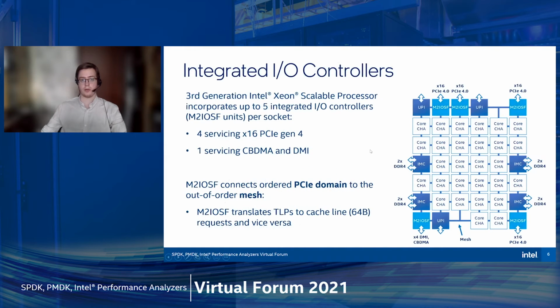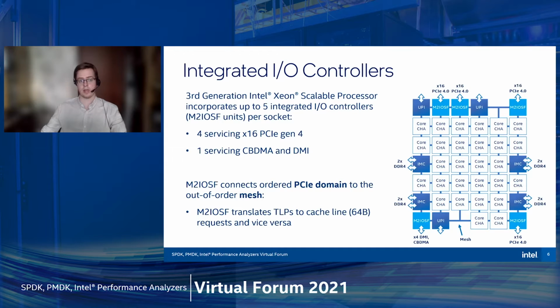So I'm going to focus on these integrated IO controllers as far as they drive each interaction between IO device and CPU. In the third generation of Intel Xeon Scalable processor, there are up to 5 integrated IO controllers per socket. 4 of these controllers serve 16 lanes of PCIe Gen 4.